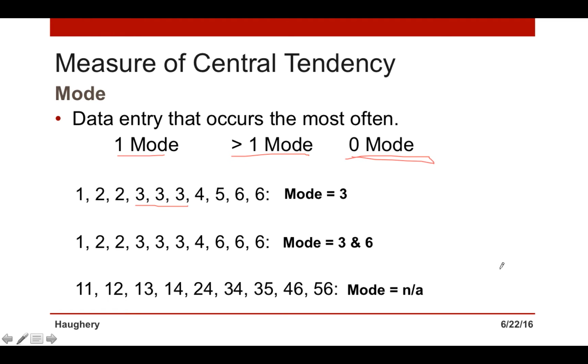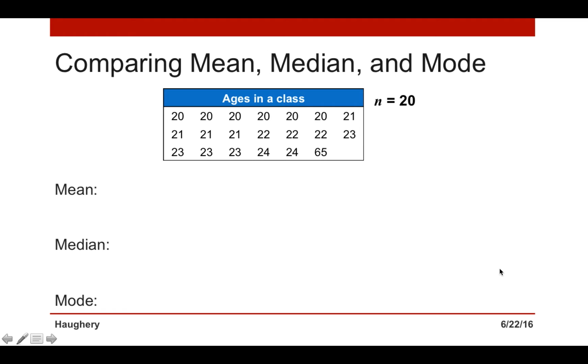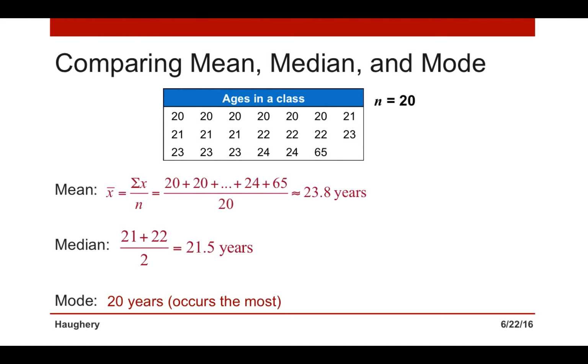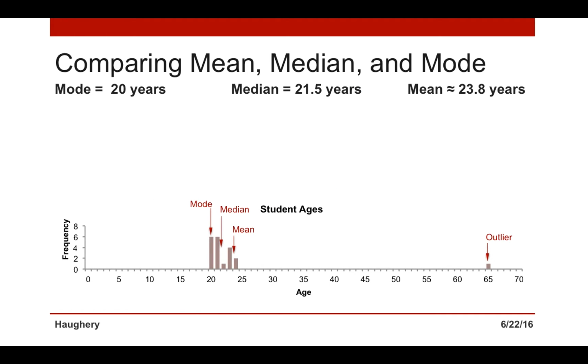So all three of these statistics are ways to calculate a middle point in the data. If we have the ages of a class and we calculate our mean, median, and mode, we have 23.8 for mean, 21.5 for median, and 20 for mode. We can look at these and see how they describe our data set.